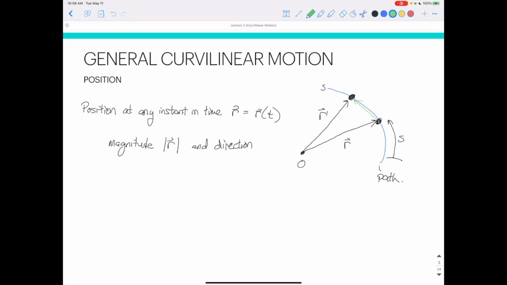So we'll call this delta R. So delta R is the change in position or our displacement. Delta R is also a vector, and this is our displacement or our change in position.